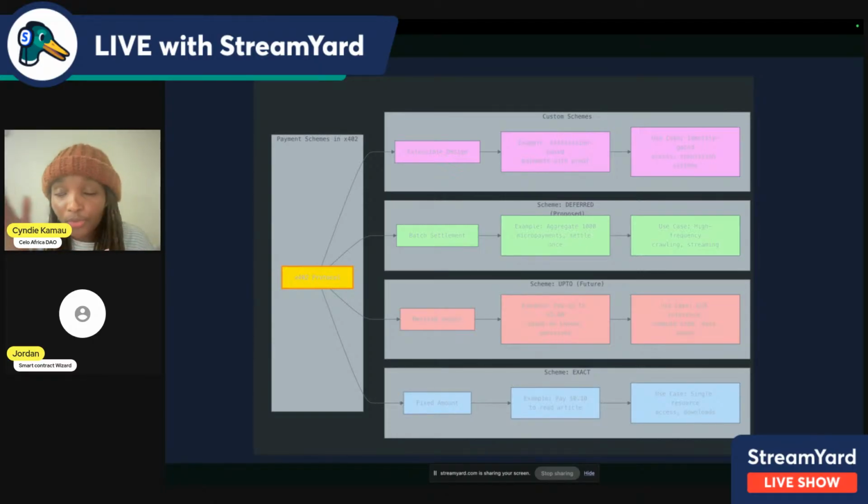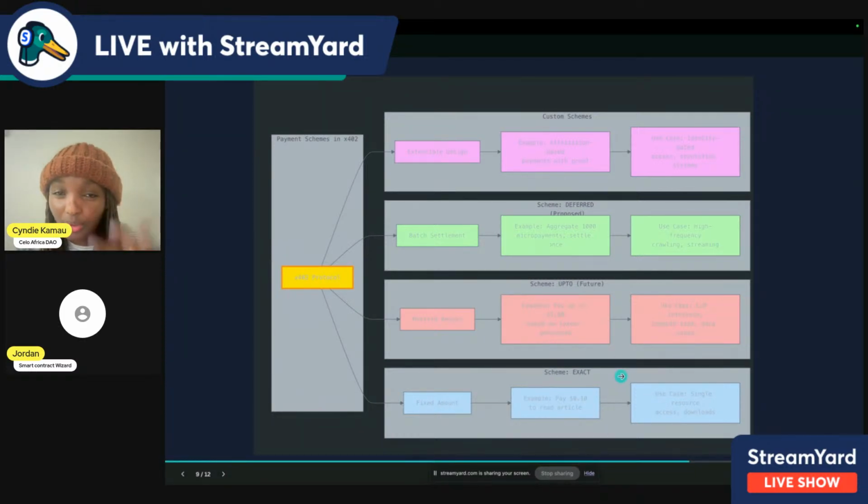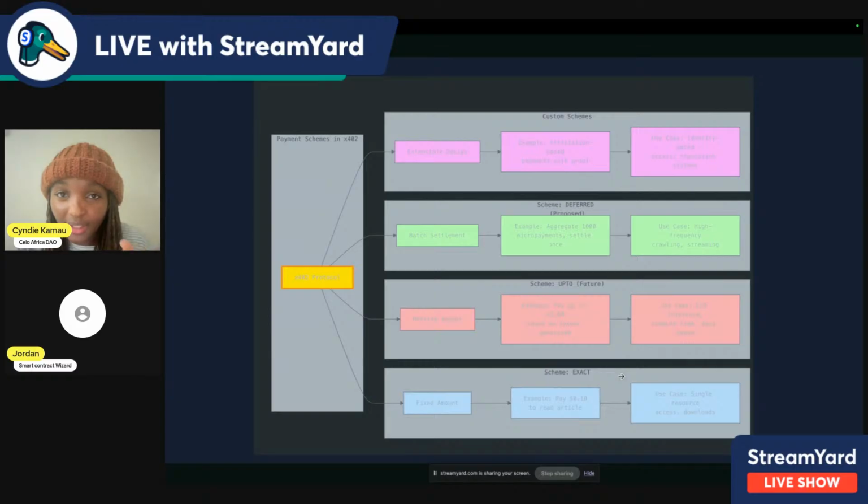That is fixed. So if you need two requests, you pay 0.20; if you need three requests, you pay 0.30. There's just one fixed amount. Actually, this is the one that is in production right now, if I recall correctly.